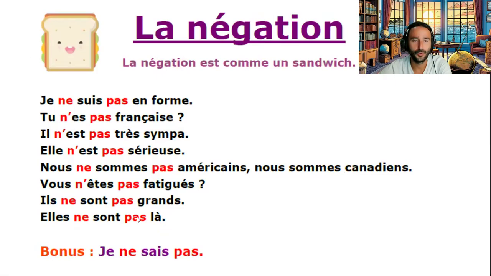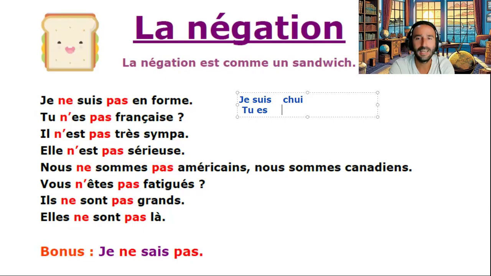Let's continue. Bonus, je ne sais pas. Remember the previous lesson? I told you that French people don't actually say je suis or tu es, but we're gonna say suis or t'es. But what do we have here? It's the worst case. Don't panic.